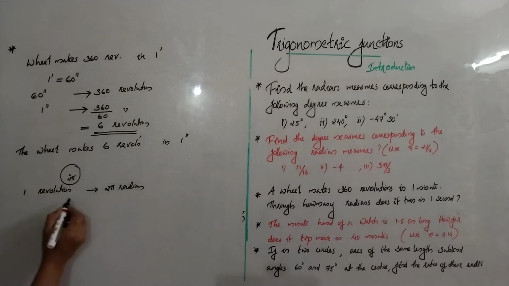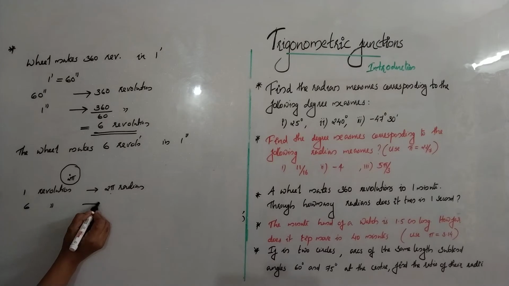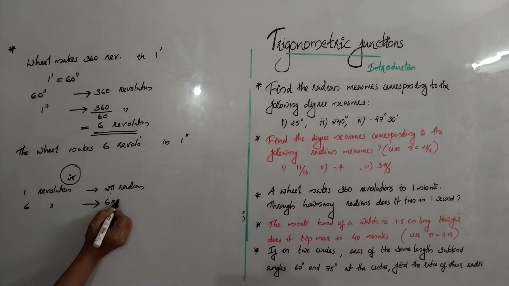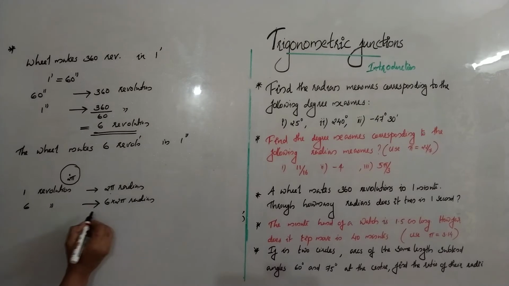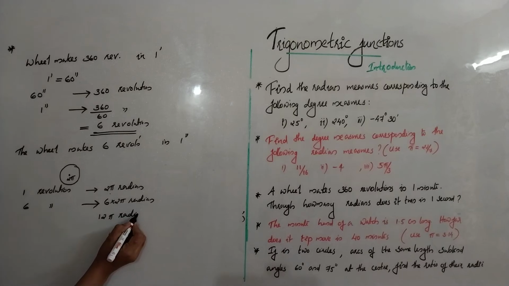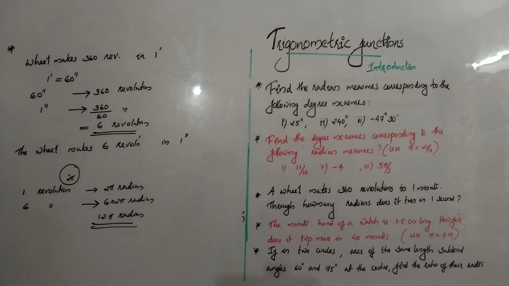Then 6 revolutions make 6 into 2 pi radian angle, that is 12 pi radian. So this is the answer. In 12 pi radian the wheel turns in 1 second.